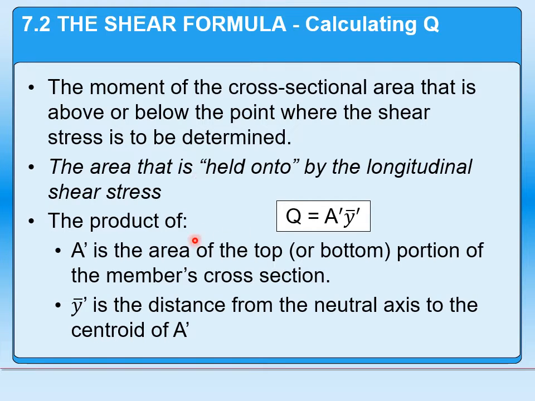In terms of this, it's a straightforward analysis. We just go through and determine the area, and again, we could choose the area above or below. It makes no difference. The results will turn out the same. And then we're looking at y bar. This would be A prime, and then y bar prime. This is the distance from the neutral axis of the entire beam, at the centroid of the entire beam, to the centroid of A prime. So you'd have to determine the centroid and then determine the distance from that neutral axis.